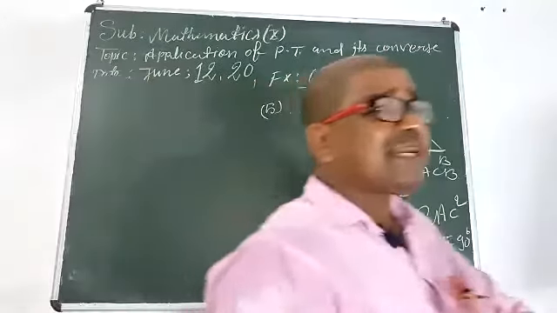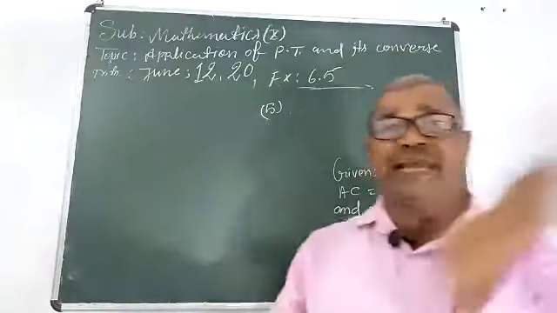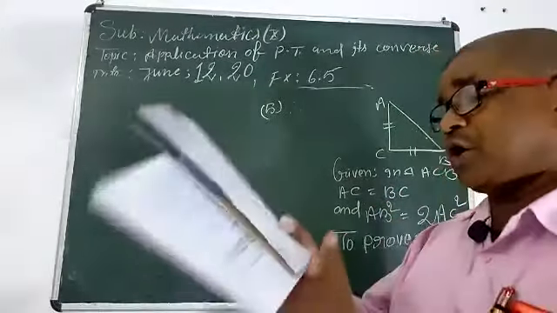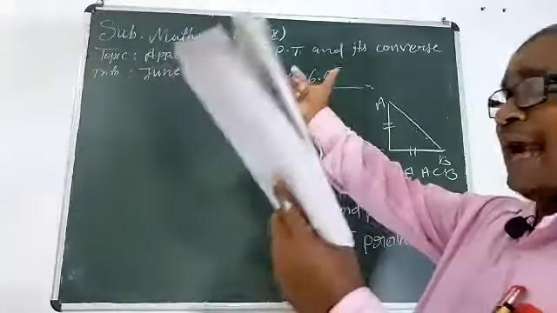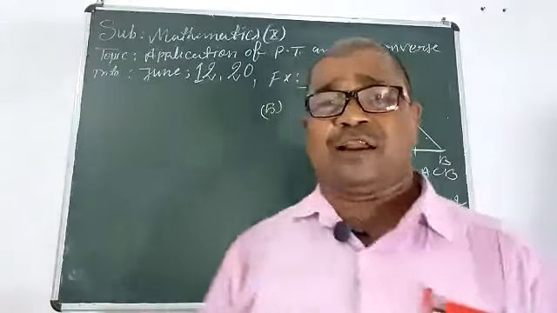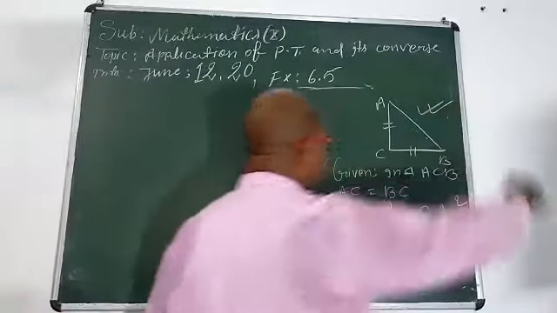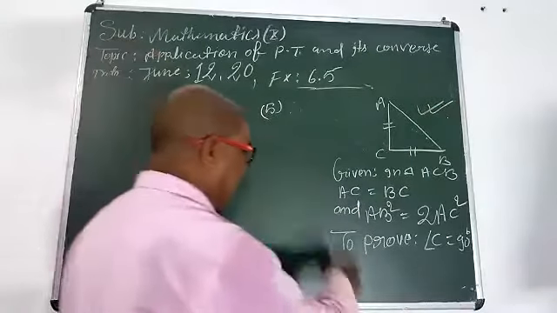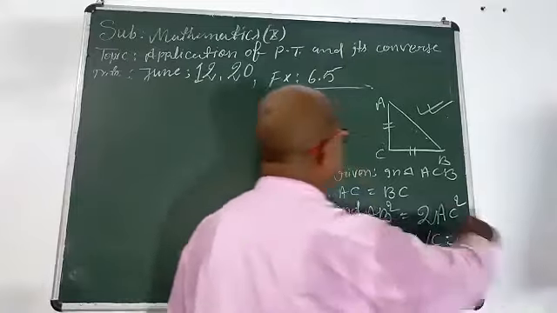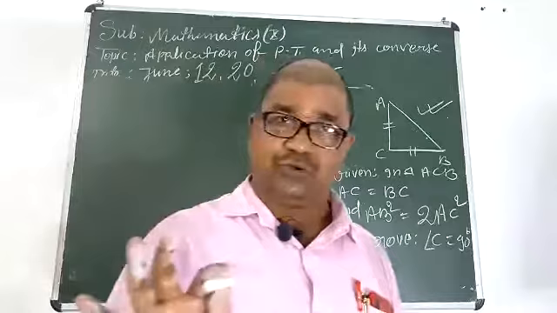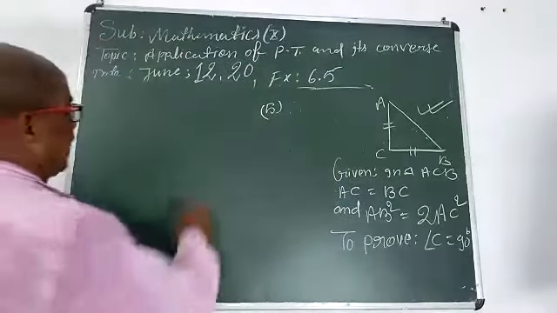You should take the statement in your book, like me. Because the diagram is completed, in this way you should write to prove angle C equal to 90 degrees. Understood? Very good. Now come to the proof.